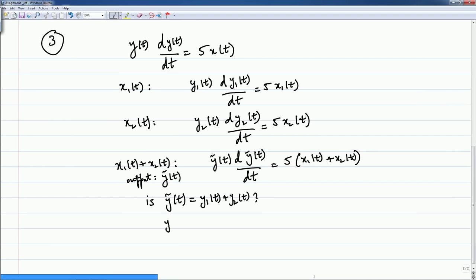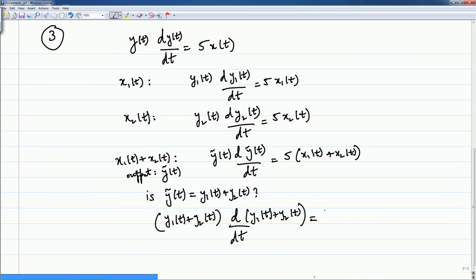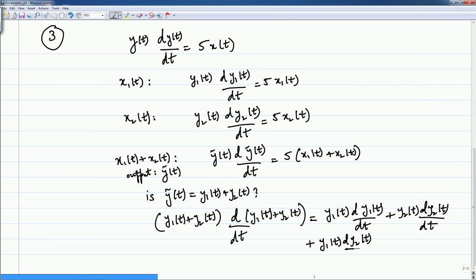Let us try that. y1 of t plus y2 of t, times d by dt of y1 of t plus y2 of t. So, we know how to simplify these terms. You do the differentiation, multiply, etc. You are going to get y1 of t dy1 of t by dt plus y2 of t dy2 of t by dt. And then interestingly, you will also get cross terms, y1 of t dy2 of t by dt plus y2 of t dy1 of t by dt.